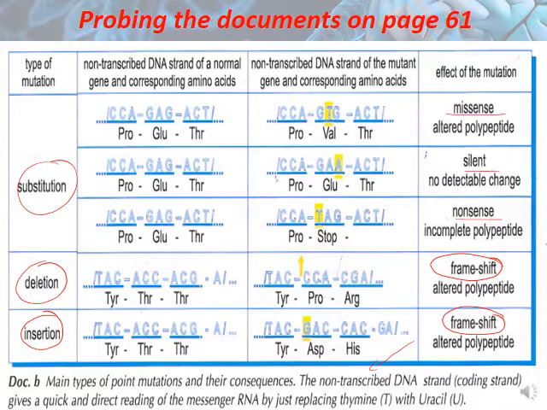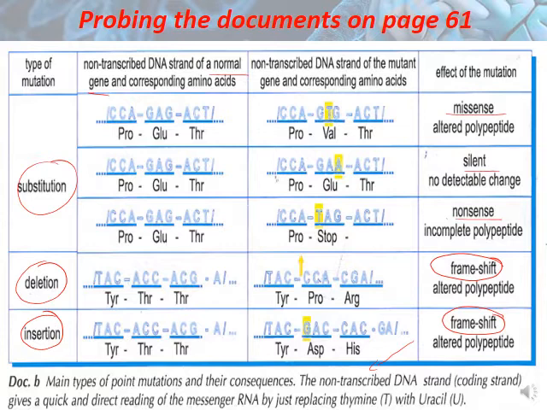In the first one, we have the sequence CCA, GAG, and ACT. This is the non-transcribed strand of the normal sequence and its corresponding amino acids. If I want to find the sequence of the transcribed strand, which is called the template, the non-coding one, I have to make the complementary.